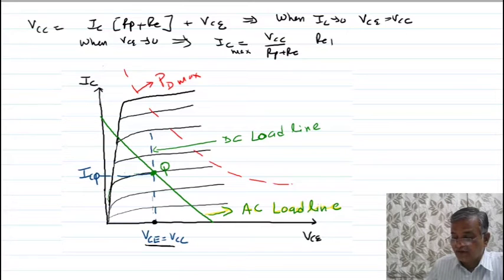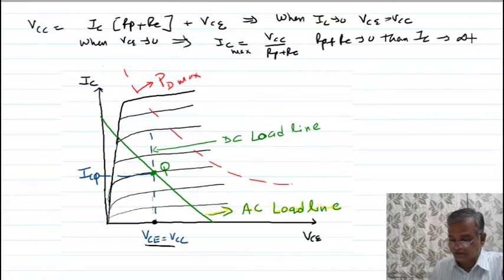Now, when RP plus RE tends to 0, then IC tends to infinite, very large. I have written this for the DC load line to explain it again. So I have drawn this in a vertical way.